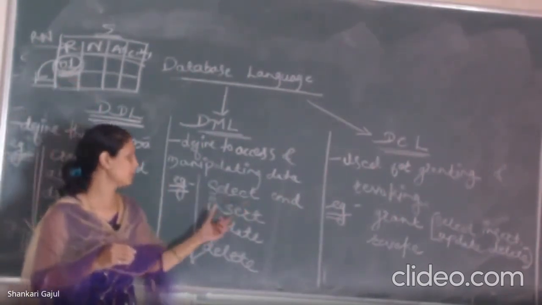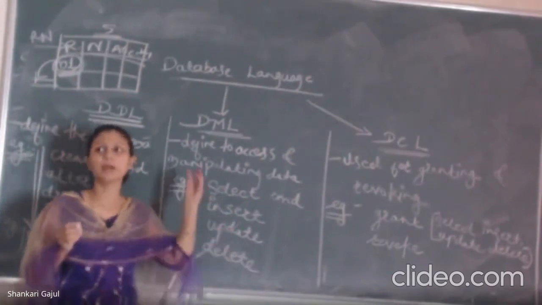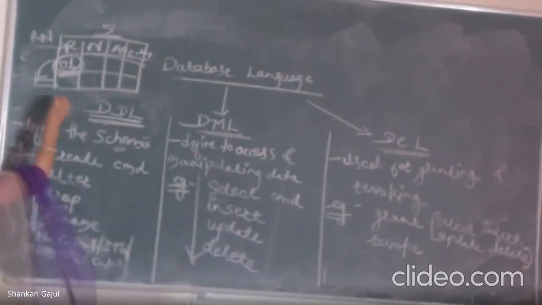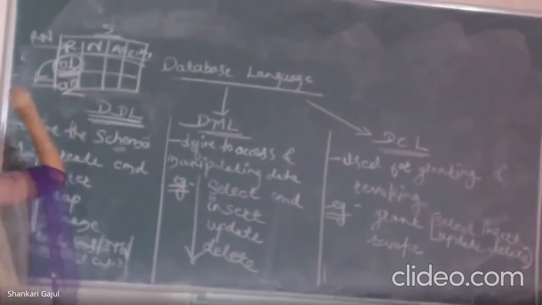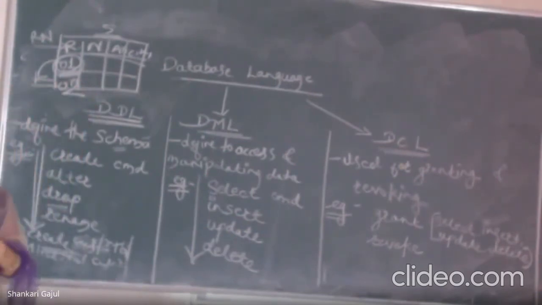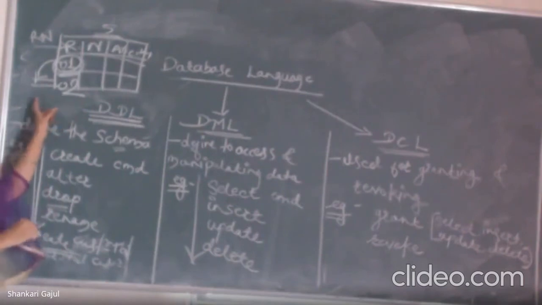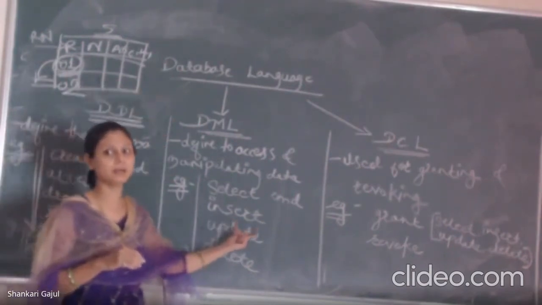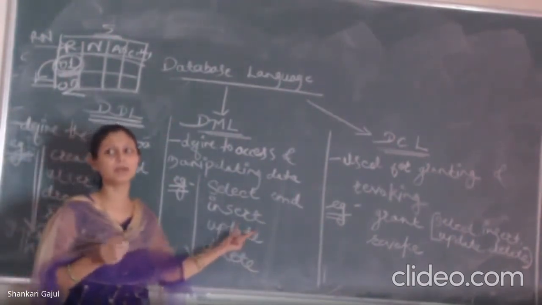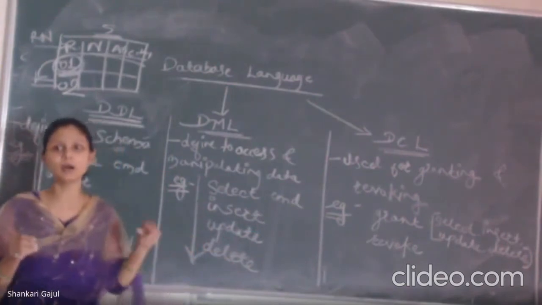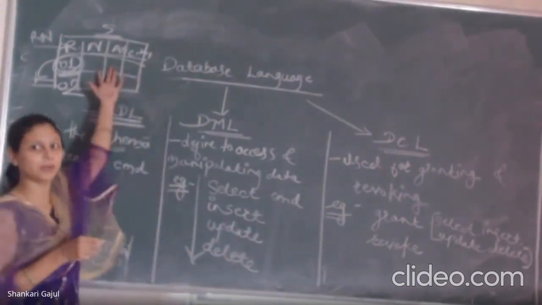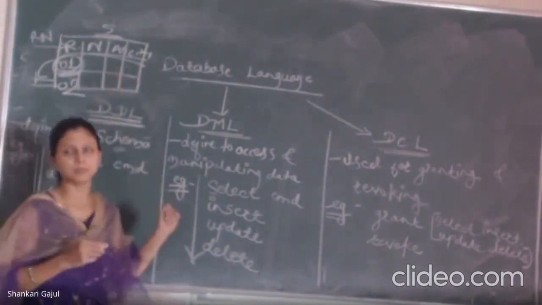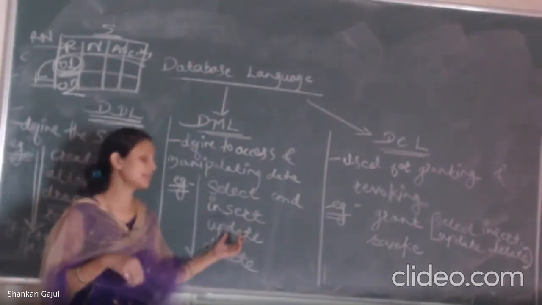Okay? So now insert. Suppose I want to insert roll number 2 into the student table. So how I will do that? So for inserting or entering the roll number 2 into the student table, I am using the insert command. So insert command is used to insert the record into the particular table. Fine. So next is update.